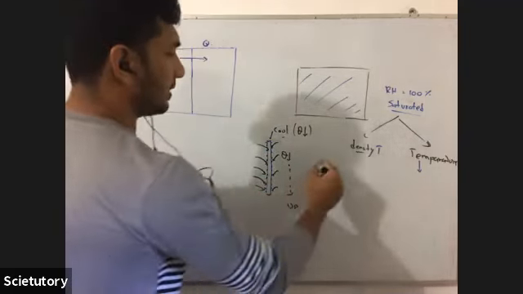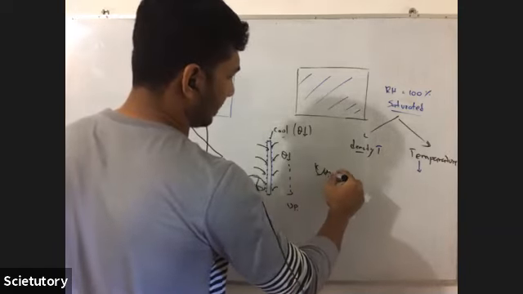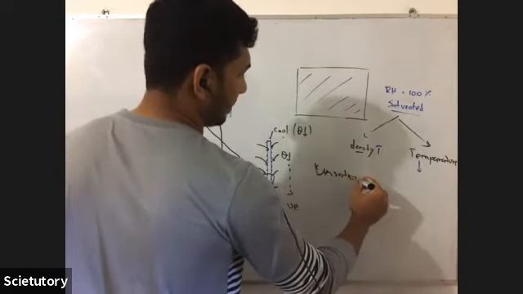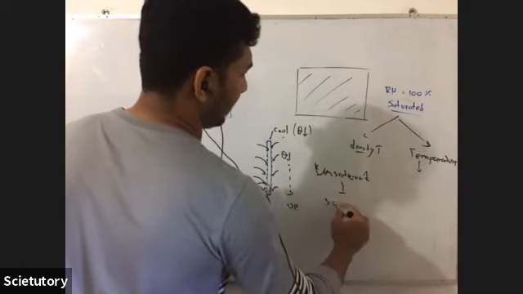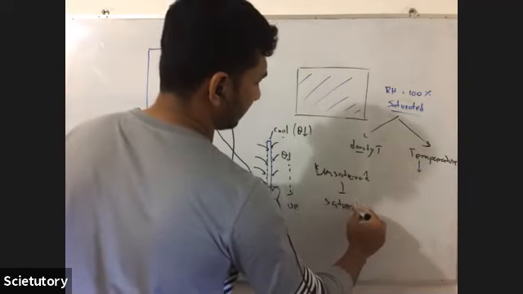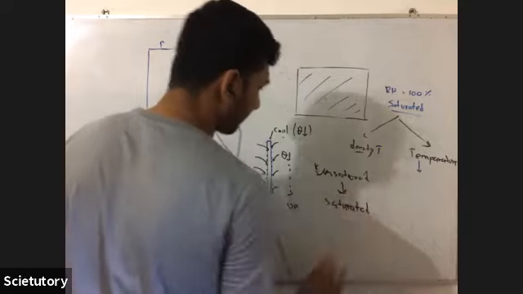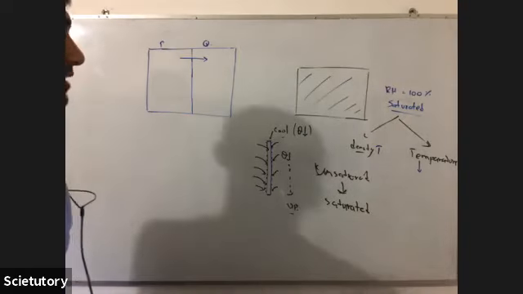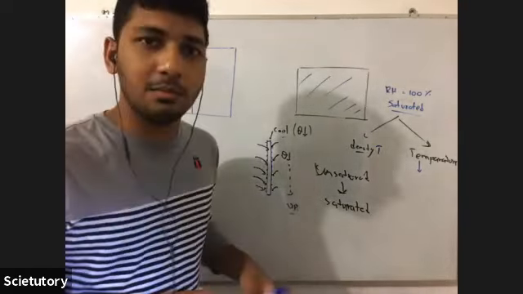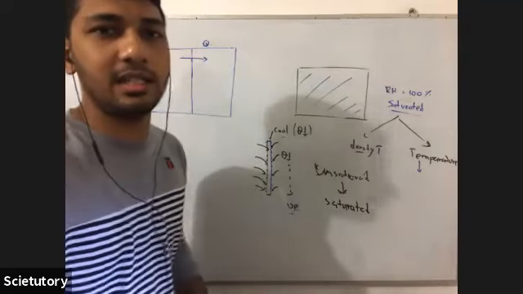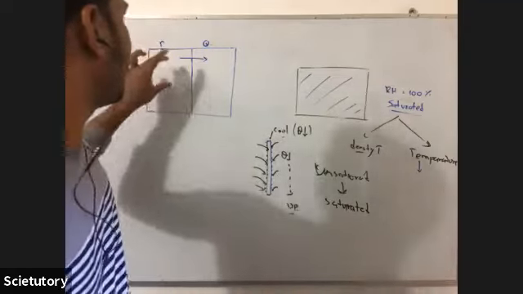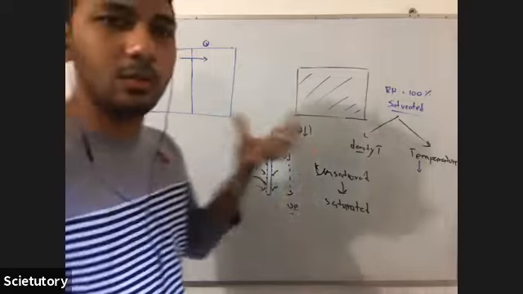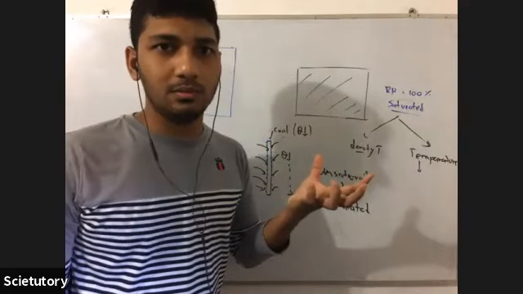So here the unsaturated one became saturated, isn't it? Due to the reduction in temperature. So what's the fundamental condition that should exist here? That particular glass should be cool. It should be cool.